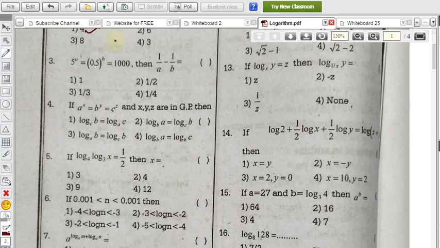Next one, more here. Given, 5 power a is equal to 0.5 power b is equal to 1000, then 1 by a minus 1 by b is dash. Let me solve here.